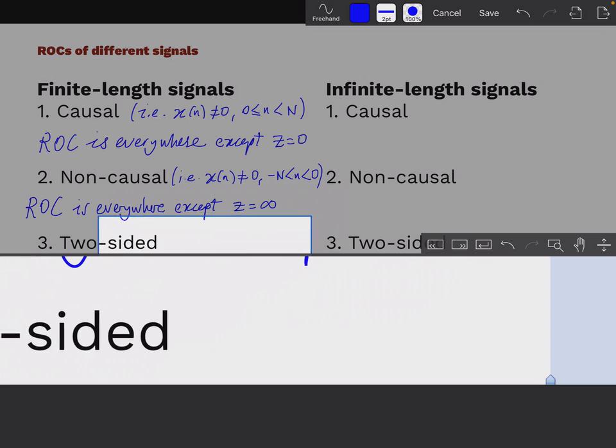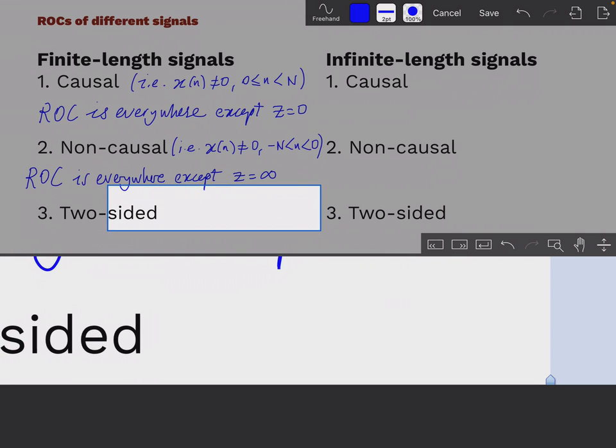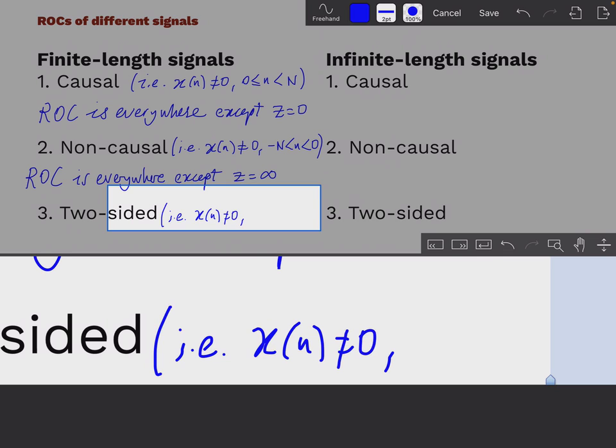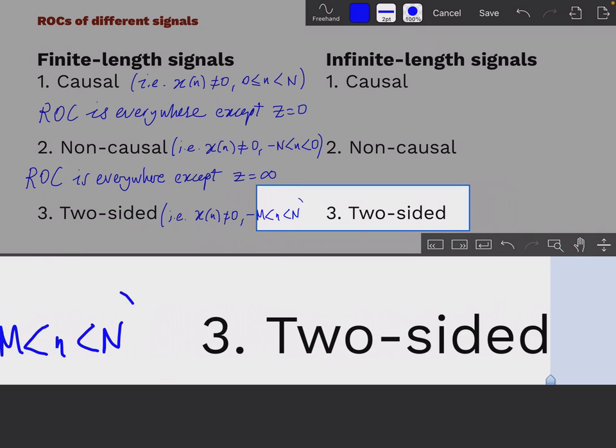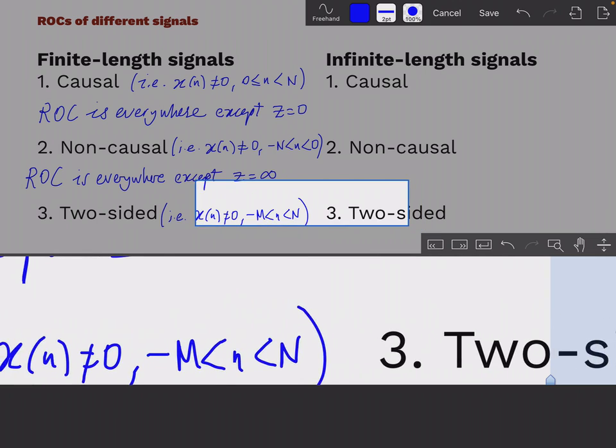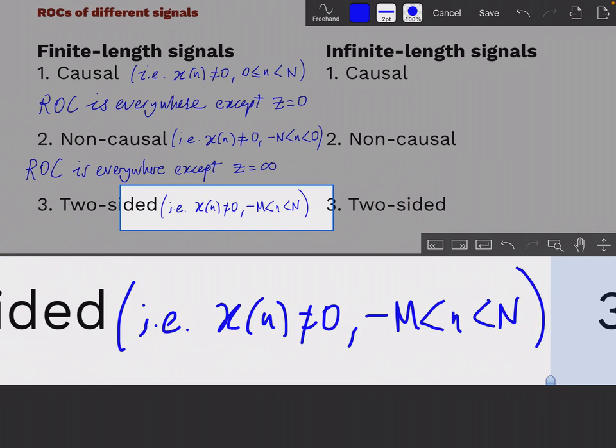Okay, so a two-sided signal. That is a signal where x of n is not equal to 0 for some region minus m less than n less than capital N. So this is our two-sided signal where m and N are both positive.